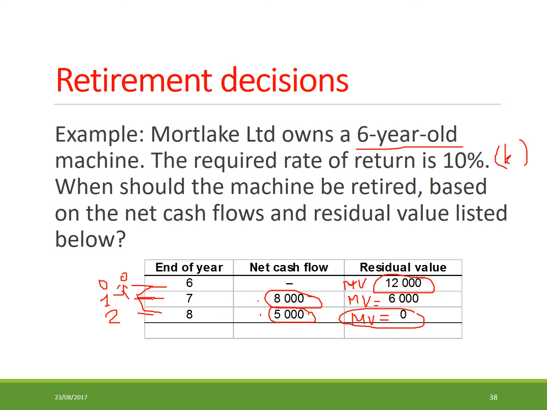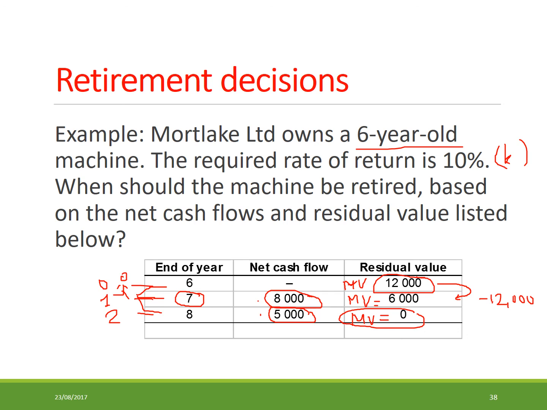So if we decide to sell the project today, we get $12,000. Meaning that if we decide to run the machine for 1 more year, we forego this $12,000. So if we decide to get these 2 cash flows, we forego the $12,000 here. So this can be thought of as the cost of deciding to run the project for 1 more year.